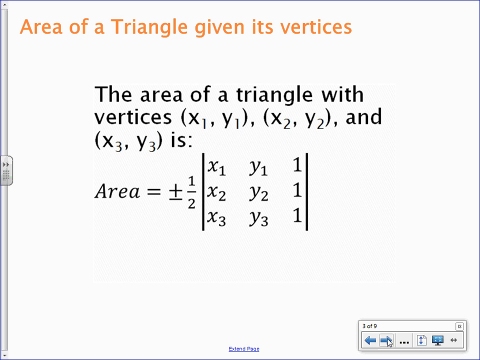Now, it doesn't really matter in what order the coordinates are put into your matrix, as long as you have the coordinate x, y with a 1, x, y with a 1, okay? So the x and y that are in the same row need to be from the same coordinates, okay? And then you fill in your third column with a 1, okay? Questions on how that's set up?